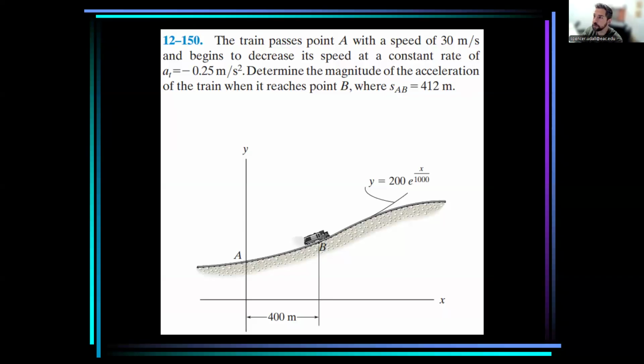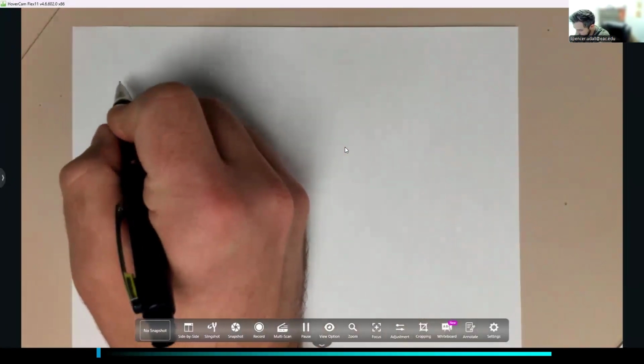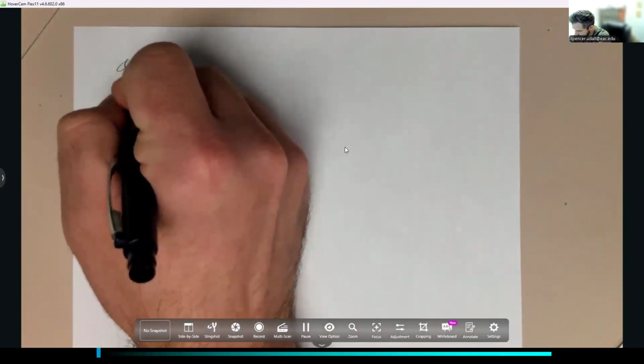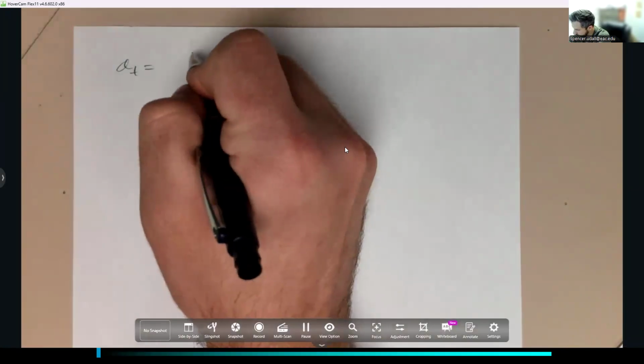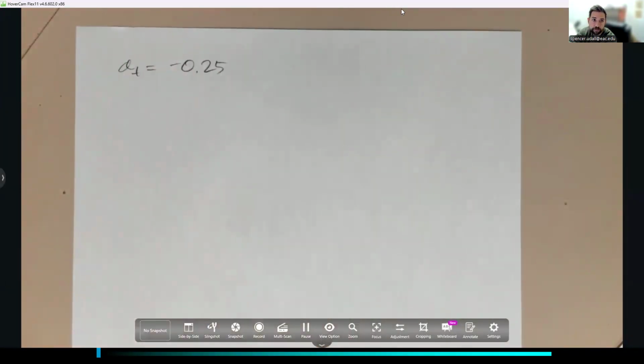I'm gonna swap screens here. We'll just bring this over there like that. So what we need to do is we're gonna say, all right, if I've got a constant acceleration a_t of negative 0.25, right? And then what they gave us there, meters per second squared.